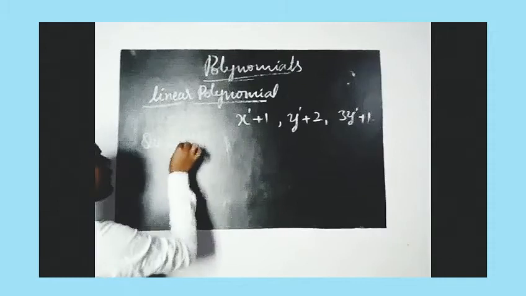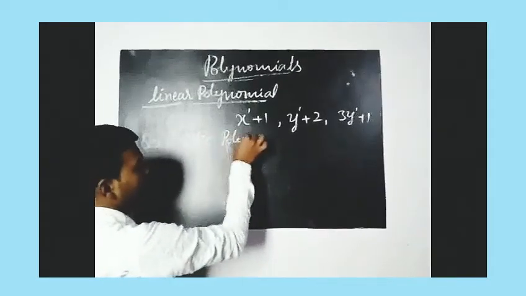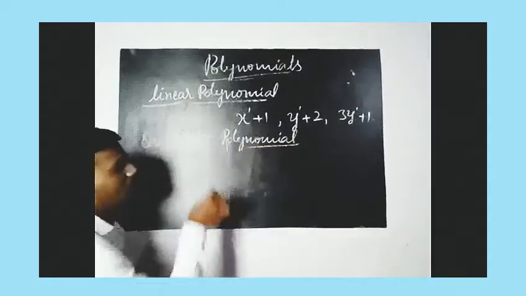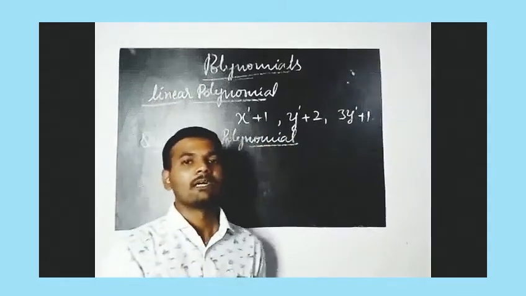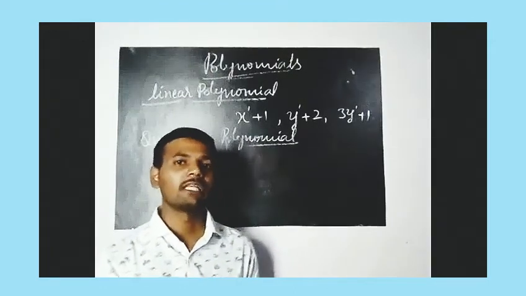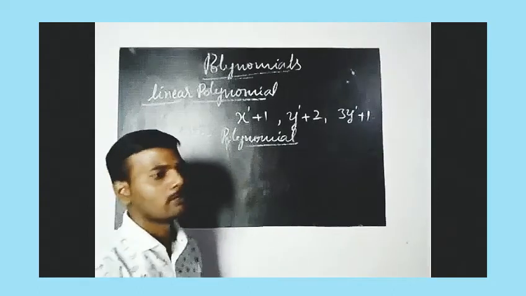Next, quadratic polynomial. A quadratic polynomial means a polynomial of degree 2. A polynomial of degree 2, we say that it is a quadratic polynomial.